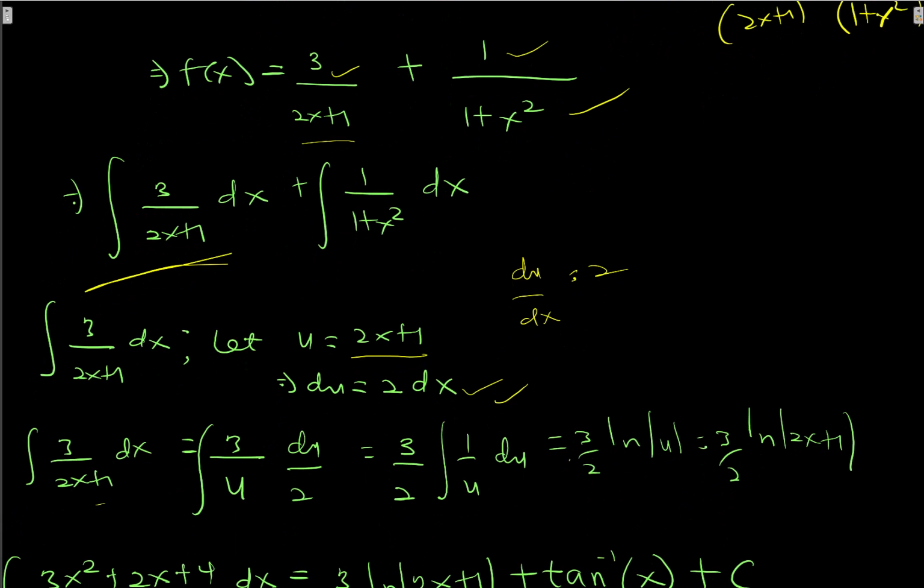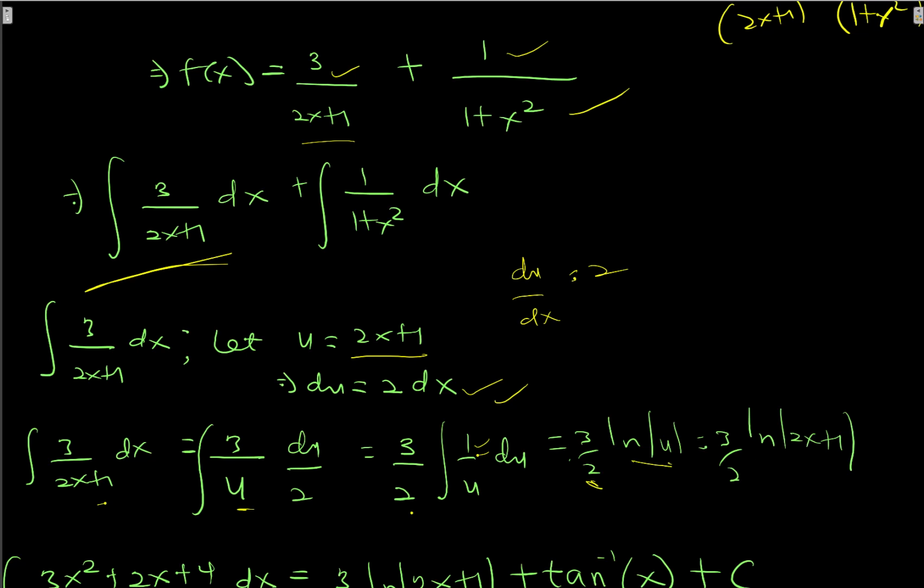Our integral becomes 3 times the integral of du on 2, and we can rewrite this as 3 over 2 integral of 1 over u du. But you see that the derivative of u is what we have in the numerator.